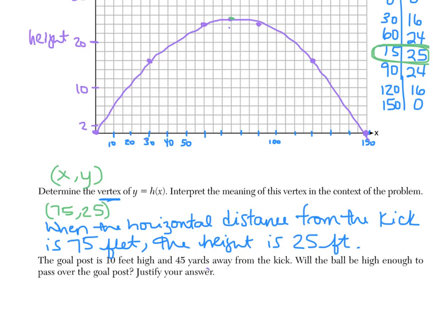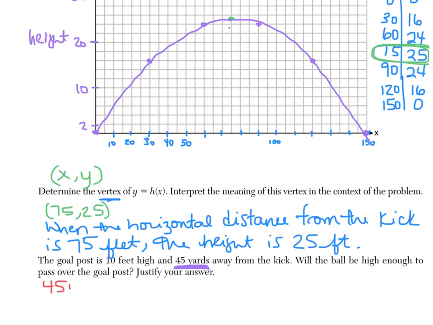Many students got caught up on this. This whole problem, what unit of measure were we using? Hopefully you recognize that we've been using feet this whole time. And then all of a sudden they throw yards at you. So here, 45 yards away from the kick, well, that sounds like your x value. They need you to understand that we're 45 yards, but how many feet is that?